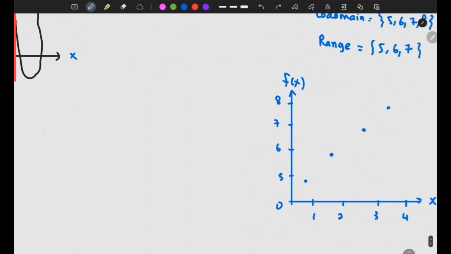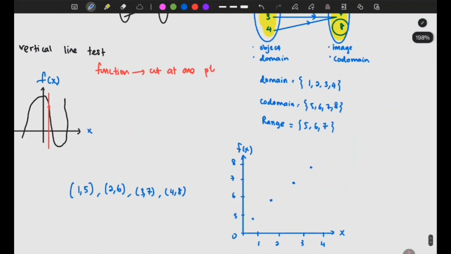And also the coordinate. So you can say 1 5, 2 6, 3 7, 4 8. This is another way they use to represent it. Let me write this. So this way is a coordinate, graph, arrow diagram.